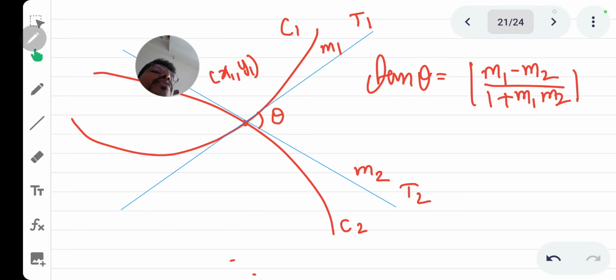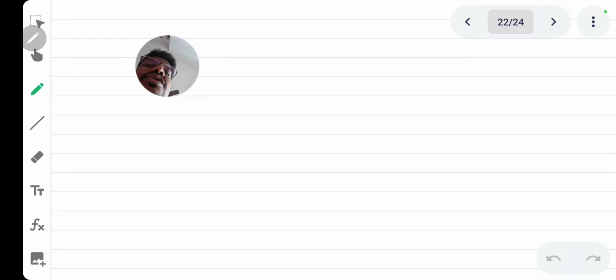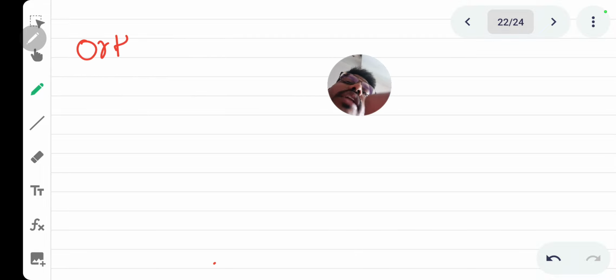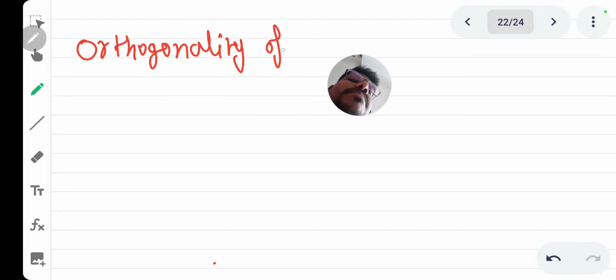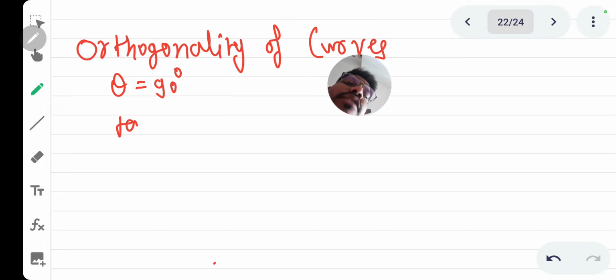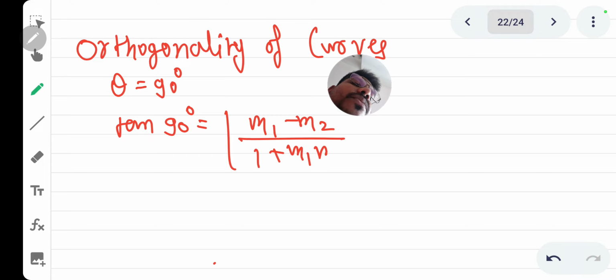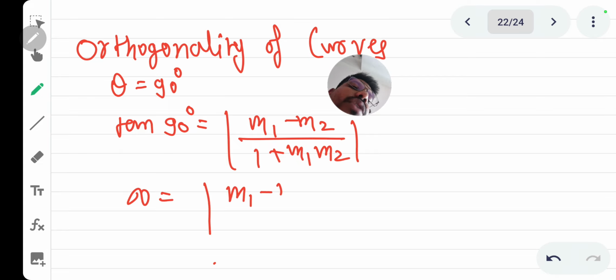Okay, now for the orthogonality of the curves, what do you need to understand? The orthogonality of curves means that the tangents drawn at the point of intersection of the curves intersect each other at 90 degrees. So theta has to be 90 degrees. So tan of 90 degrees has to be equal to m1 minus m2 upon 1 plus m1 m2. But tan 90 is nothing but infinity, so infinity has to be equal to m1 minus m2 upon 1 plus m1 m2.